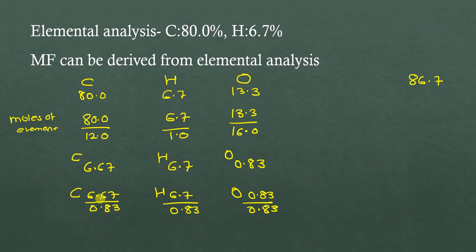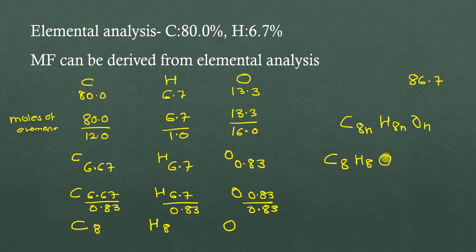Carbon comes around 8, hydrogen also close to 8, and oxygen 1. So we can write the general formula as CnH8nOn. If I take n equal to 1, my formula should be C8H8O, right?